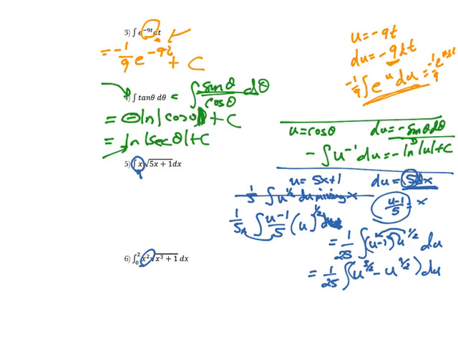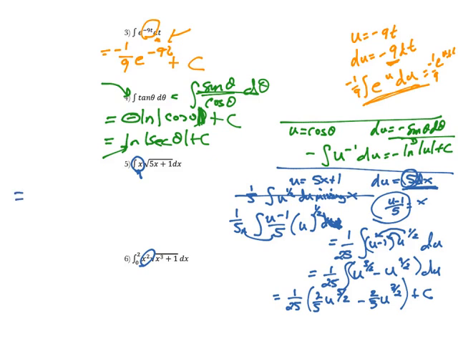Okay, so I add 1 to the exponent. So 1 and 3/2 is 5/2. So that's going to be 2/5 u to the 5/2 minus 1/2 plus 1 is 3/2. So 2/3 u to the 3/2 plus c. Kind of messy.